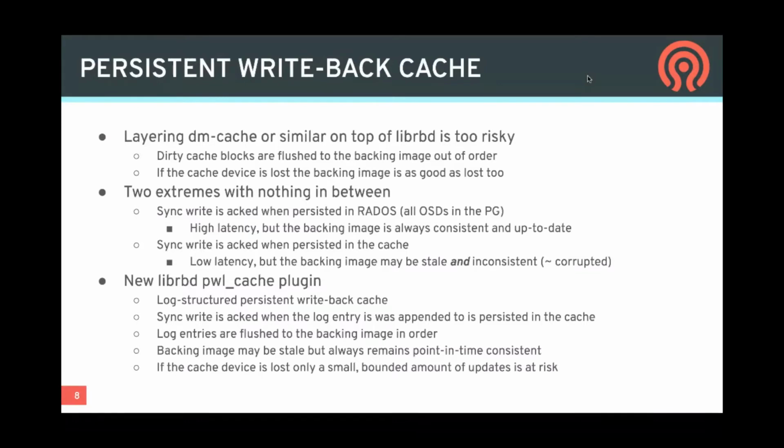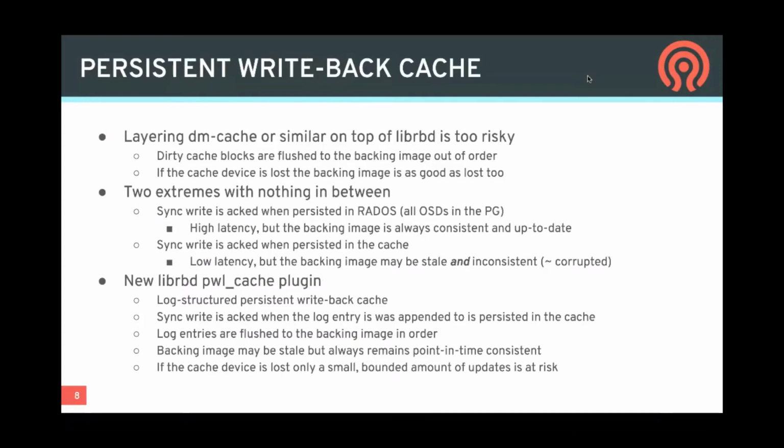The second performance item is client-side persistent write-back cache. For many different use cases and workloads, setting up a persistent write-back cache on the client is a sensible choice and an acceptable trade-off. But the problem with doing it today is that layering something like dm-cache on top of librbd is too risky because dirty cache blocks are flushed to the backing image out of order.